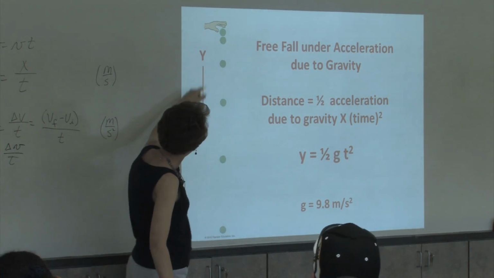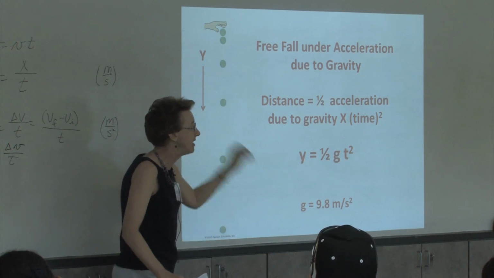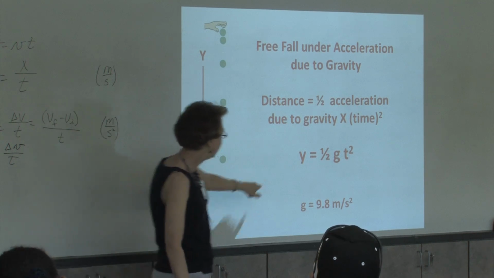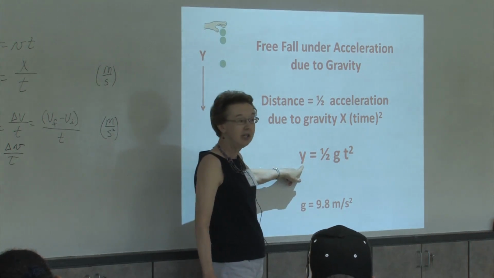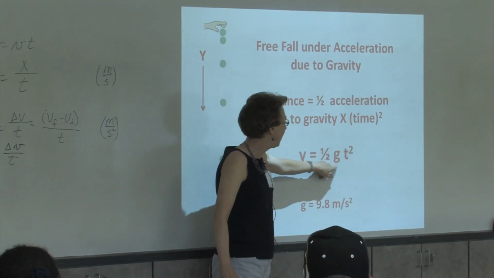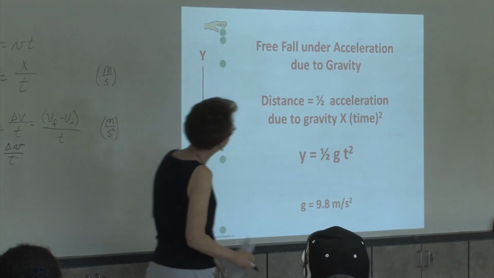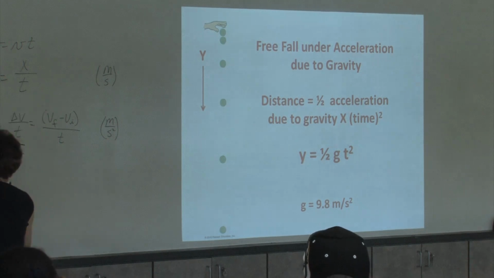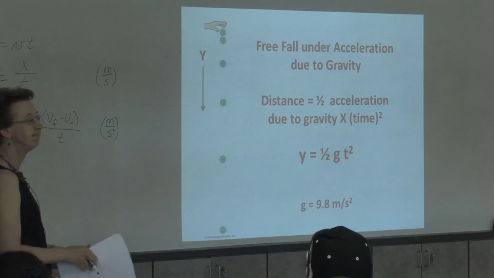You can see that this ball is accelerating because every instant of time I take the snapshot, it's going further and further, and it's accelerating due to g. How far, y, is equal to 1/2 g t squared. Don't forget to square it. So this is going to be your third important equation.